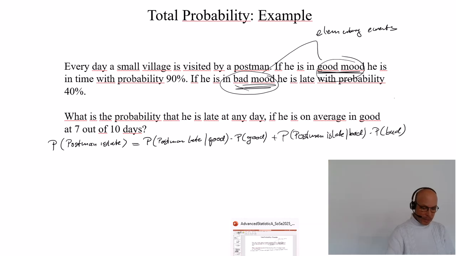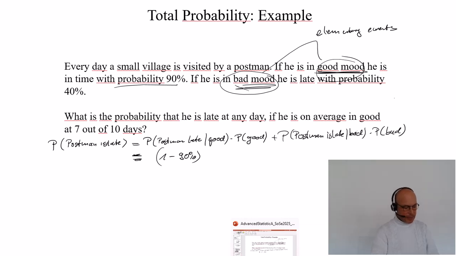Well, and now we can just use the information we have here. Good mood, he is on time with 90%. So if he is in a good mood, he is late with the complementary event, 1 minus 90%.